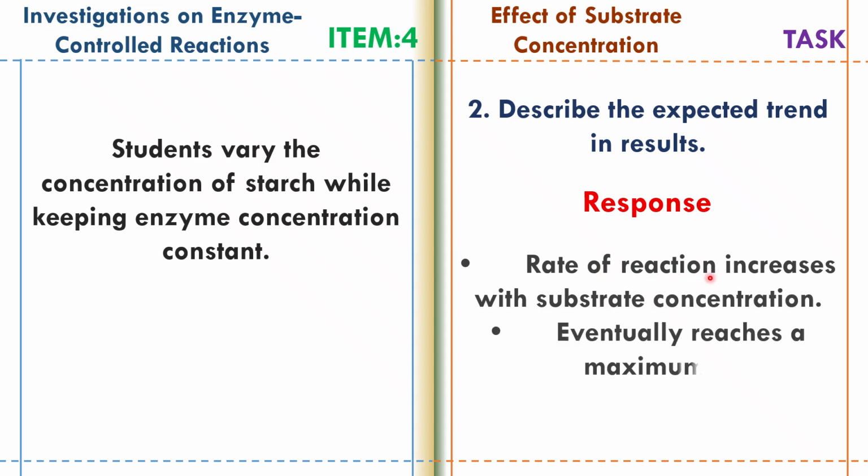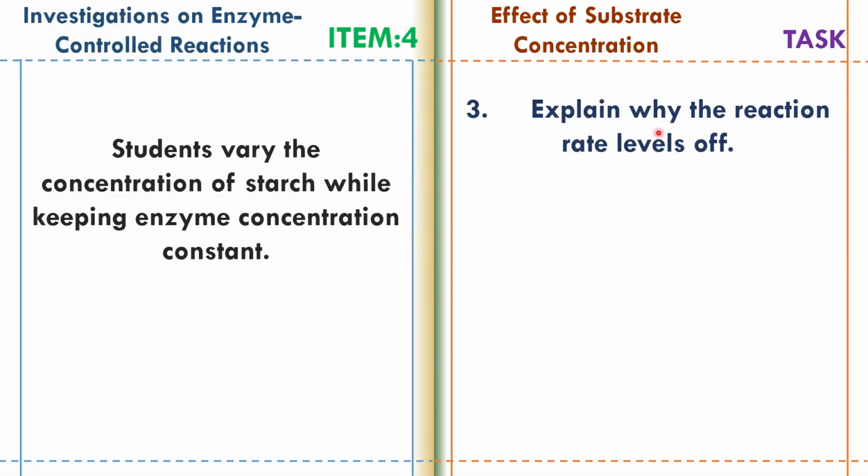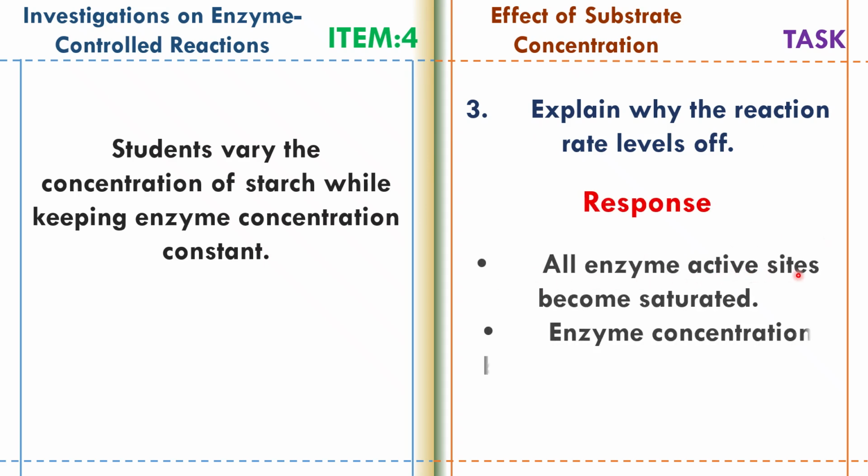Rates of reaction increases with the substrate concentration, eventually reaches a maximum. Explain why the reaction rate levels off. All enzyme active sites become saturated. Enzyme concentration becomes the limiting factor.